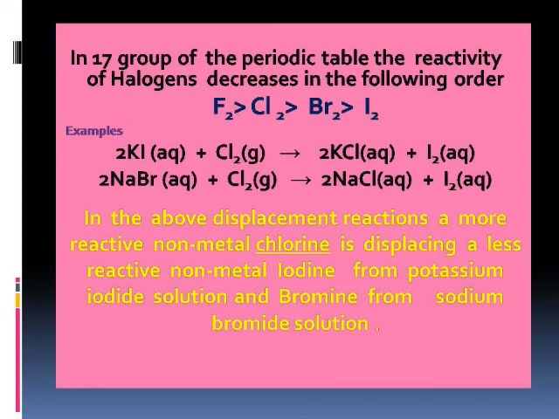In this reaction, chlorine, which is more reactive than iodine, is able to displace iodine from potassium iodide solution. Similarly, when chlorine gas passes through sodium bromide solution, then bromine is displaced as it is less reactive than chlorine.